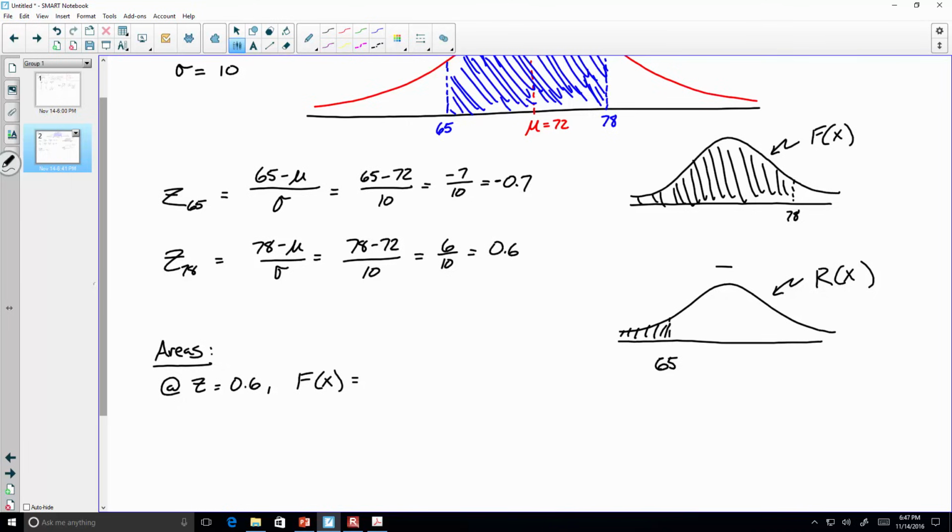We're looking at this one right here. So what's that area come out to be? Keep in mind, this right here, say, okay, 0.7257? There we go.